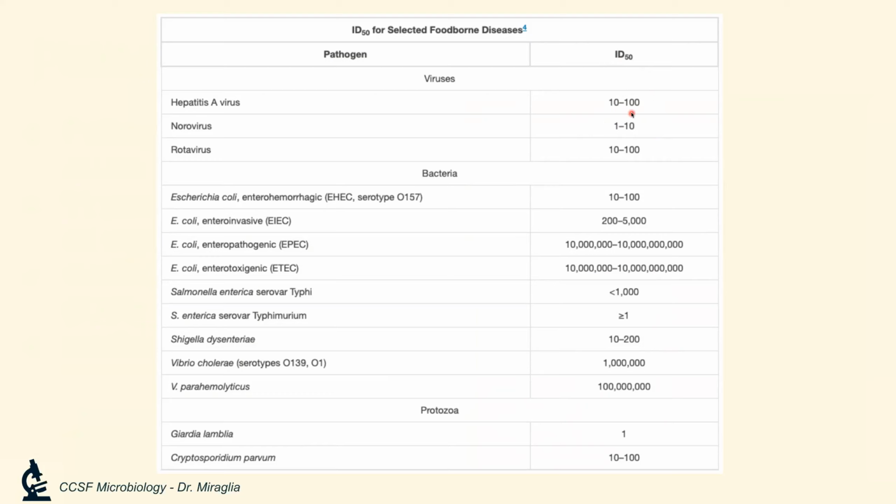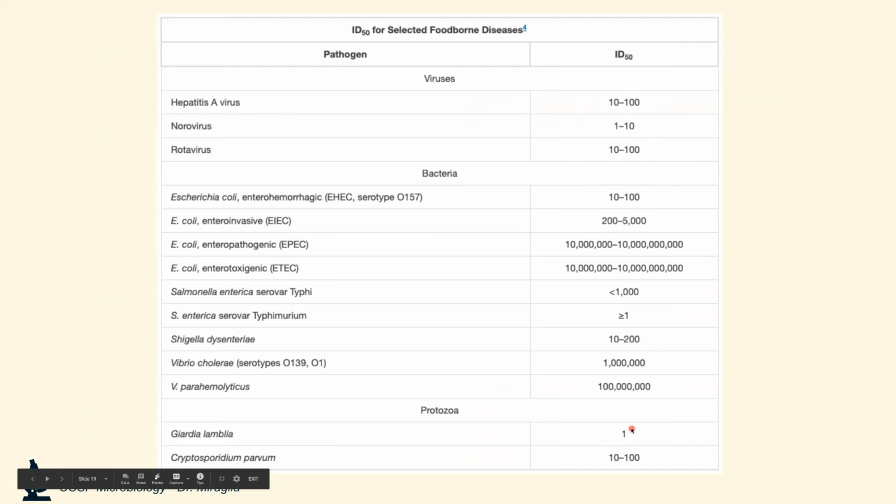Hepatitis, 10 to 100. Hepatitis A is a foodborne pathogen. Rotavirus is another one. Those are viruses. Bacteria, remember E. coli O157:H7, which is particularly dangerous, has a fairly low ID50, but for some of the other ones, you need many, many, many organisms before you get sick. Protozoa, you only need one organism of Giardia.